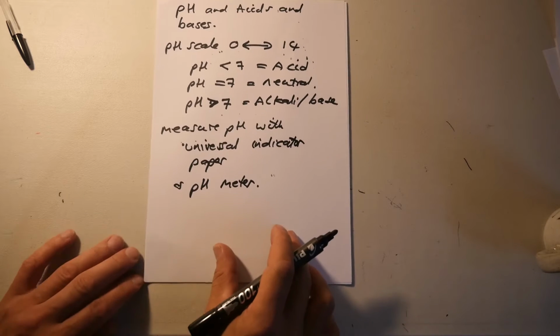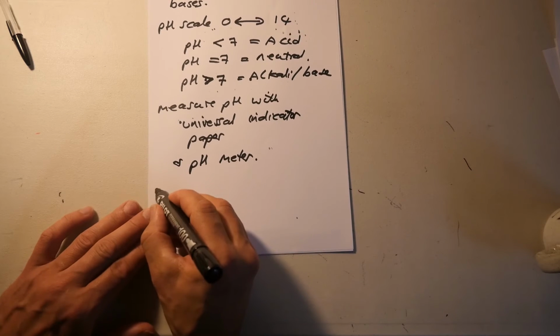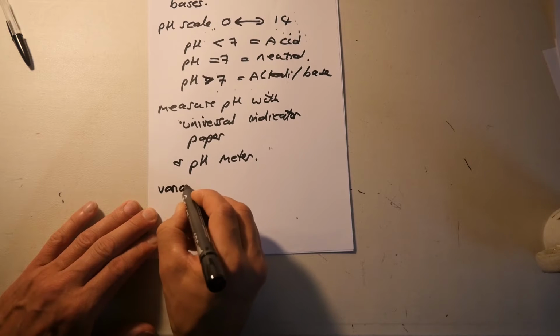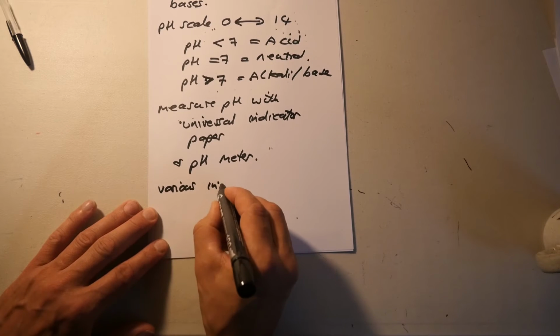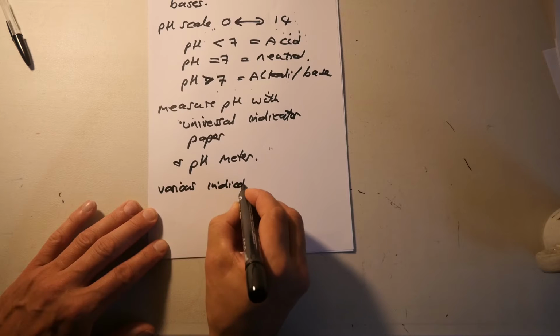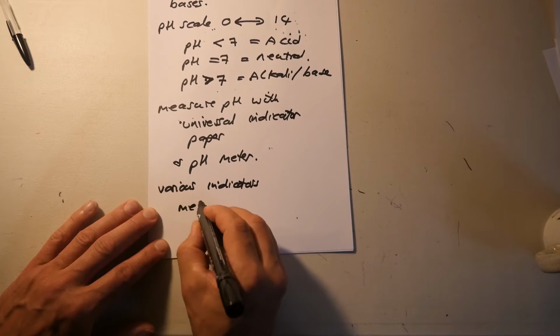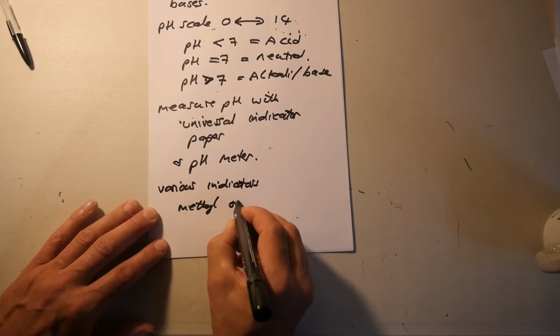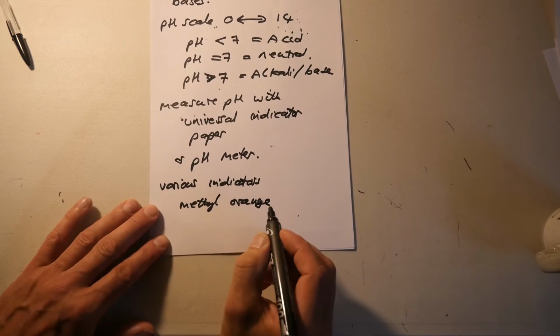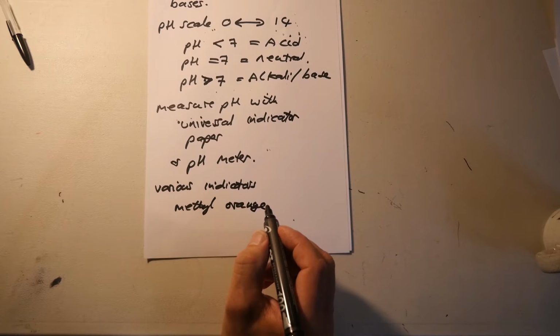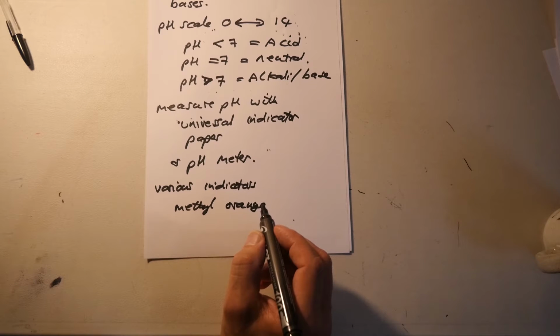You get various indicators like methyl orange, which is red. The color changes red when it's below pH 3.1 and yellow above pH 3.4.